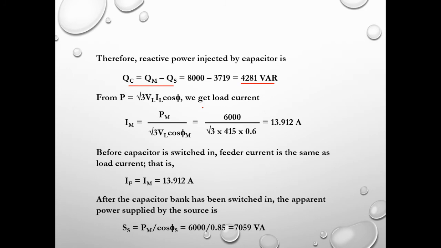Now, in order to get the load current IL, where L stands for load, which in this example is consumed by the motor, we can simply write IM. From P equal to square root 3 VL IL cos theta, we get the load current IM equal to PM over square root 3 VL cos theta M. So 6,000 over square root 3 and so on gives 150.6.